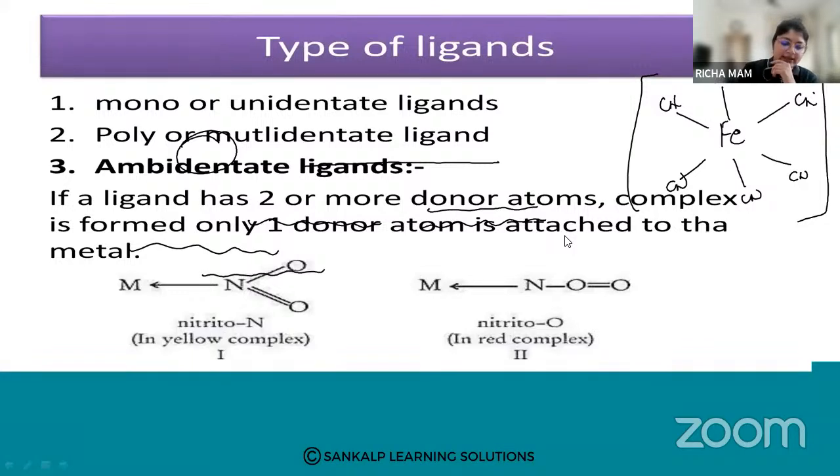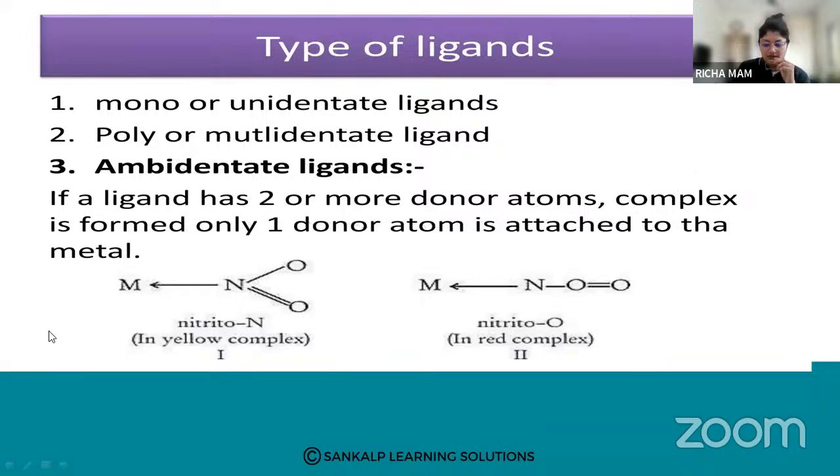So what should a ligand give? A ligand should donate at least one pair of electrons, right? The metal is there, the ligands are there, and the ligand should donate a pair of electrons and form the coordinate bond.